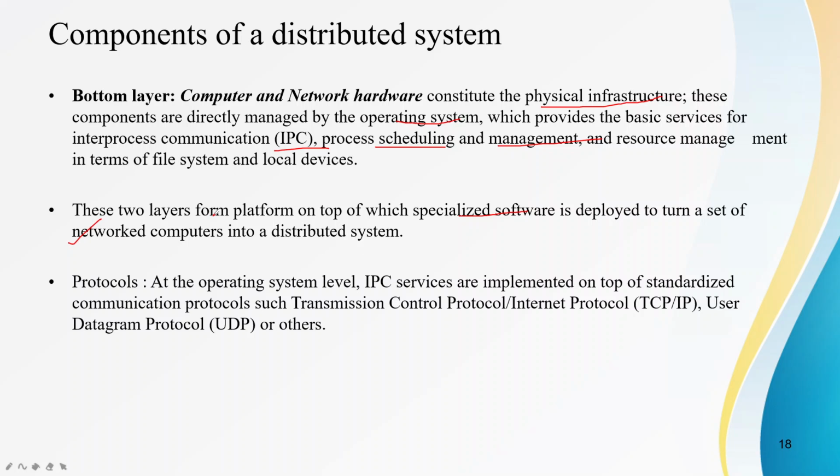At this layer different protocols also work; for example, at the operating system level IPC services are implemented using protocols like TCP/IP and UDP. So all these protocols work over this layer.